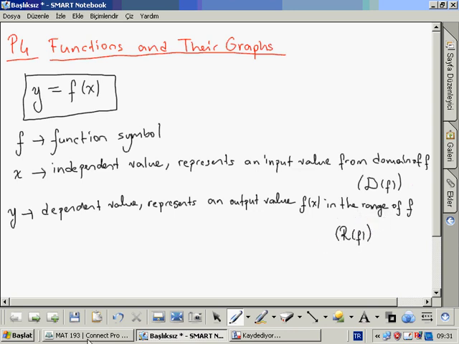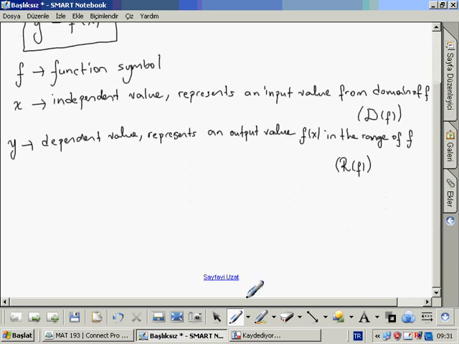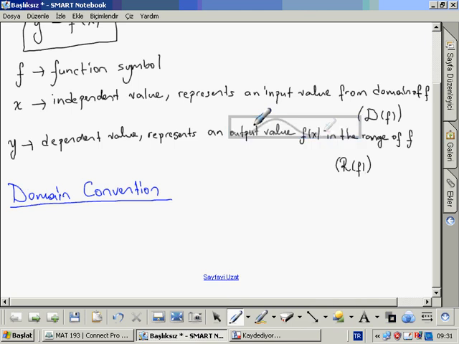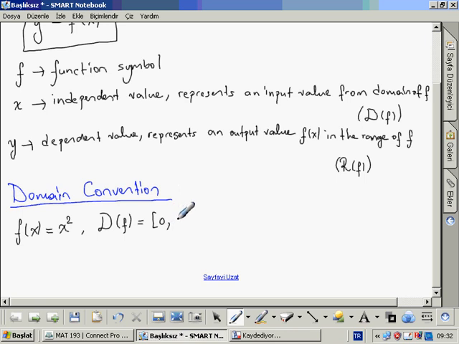Okay. And let me continue with the domain convention. f of x equals x squared, and the domain of f equals, okay, it's a half open interval, which is from 0 to infinity.